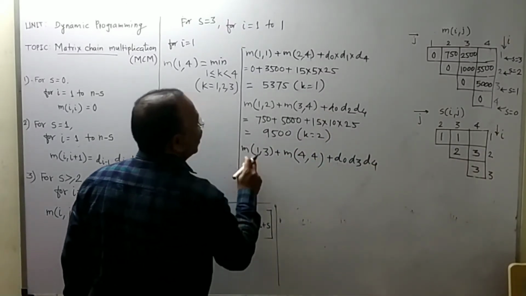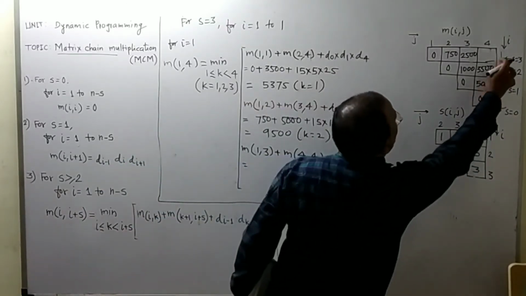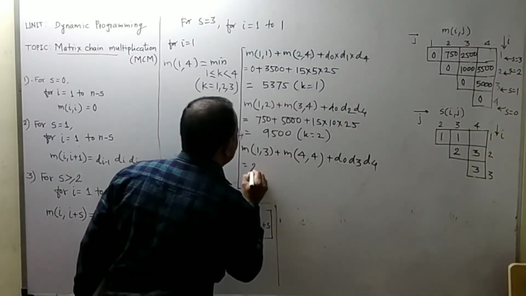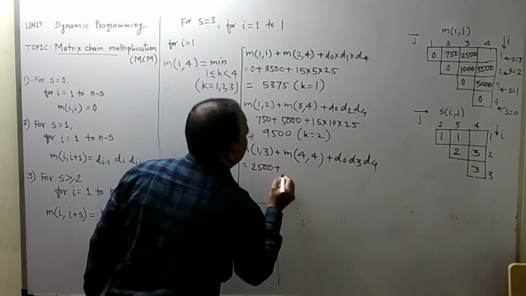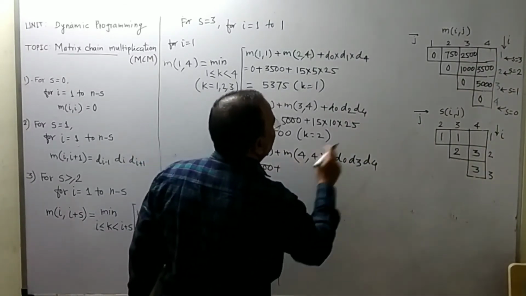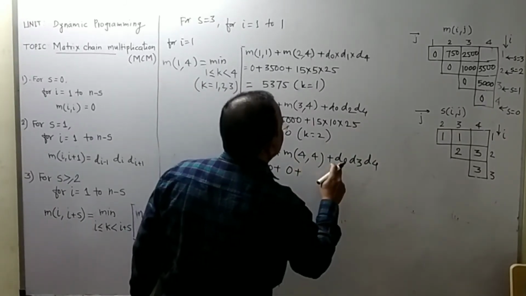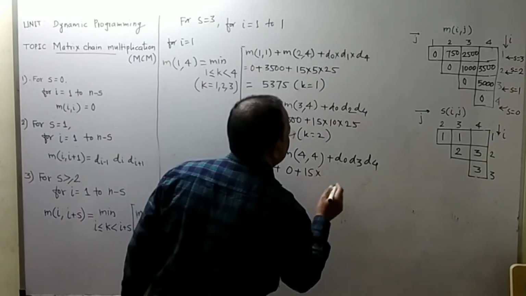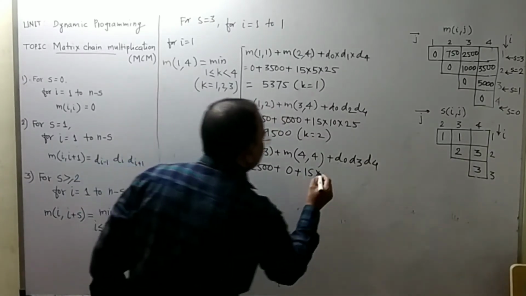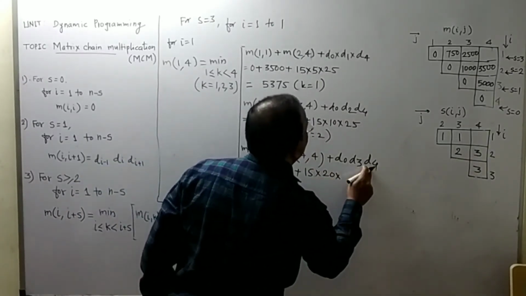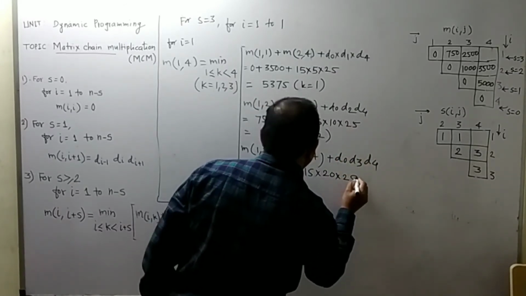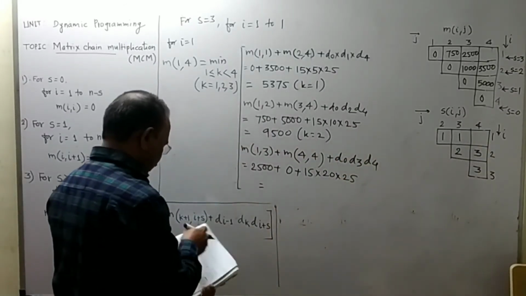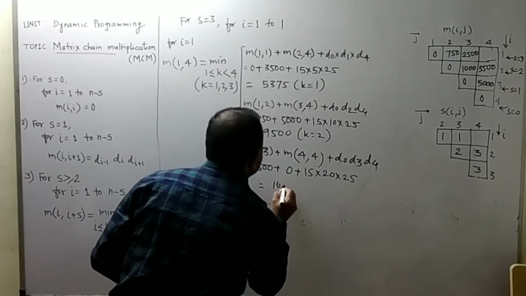Put the values. M13 is 2500, plus m of 4 comma 4 means 0, plus d0, the value of d0 is 15, the value of d3 is 20, the value of d4 is 25. It comes to 10,000.